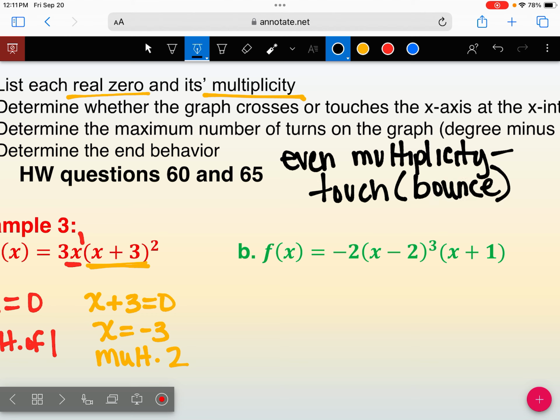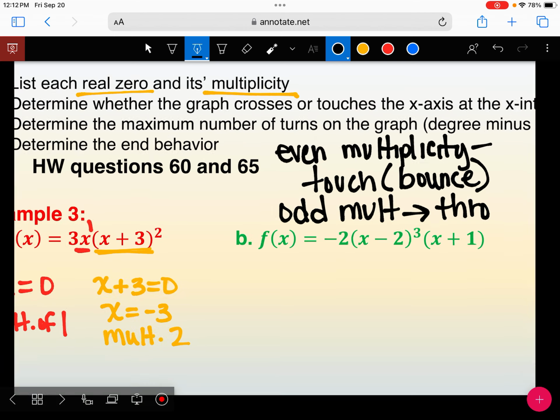I'll sketch this one so you can see what I'm saying. But if you have an odd multiplicity, instead of bouncing, it's going to just go through at that point, or cross.